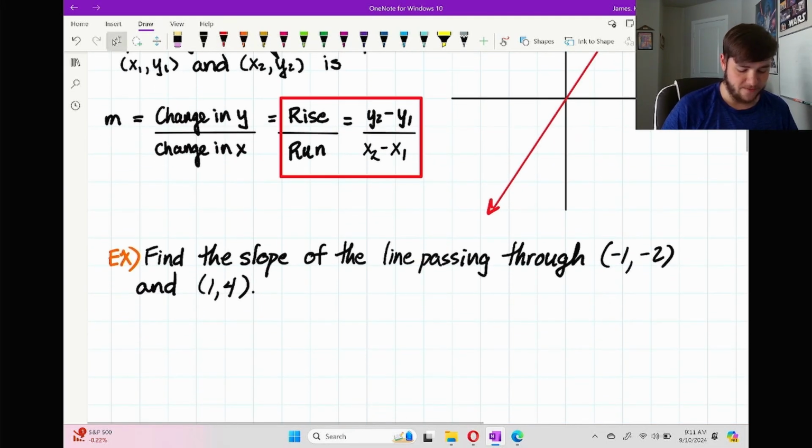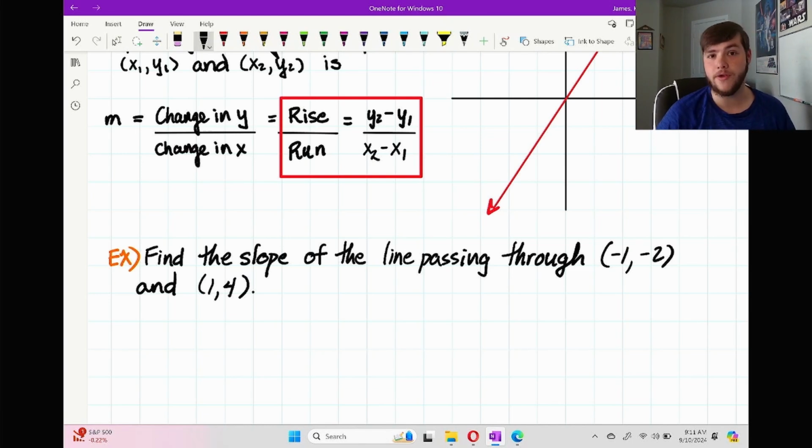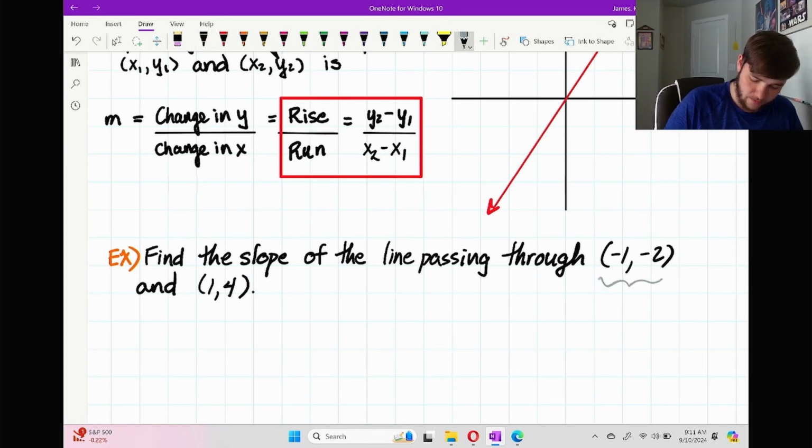Let's see if we can use this formula to find the slope of the line passing through (-1, -2) and (1, 4). It doesn't matter which point you call your first point, as long as you stick with your choice. So I'm going to call this one point 1, and this one point 2.